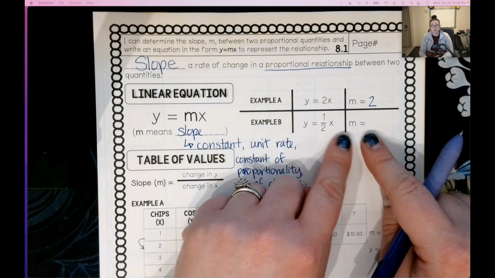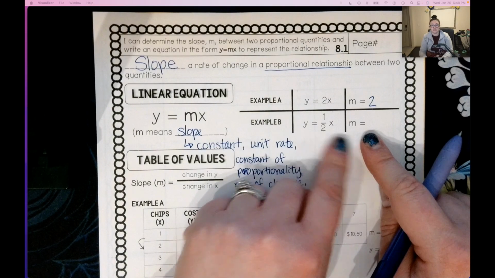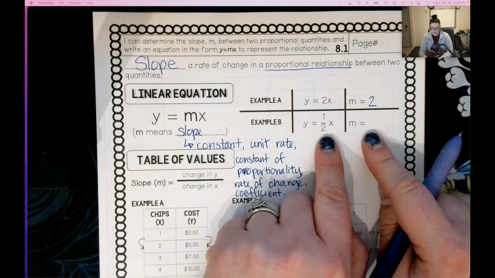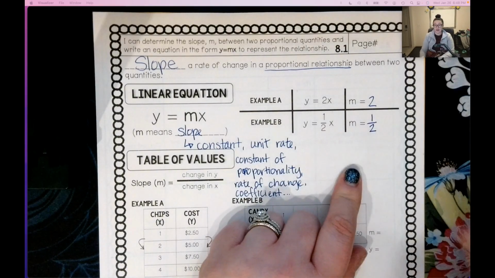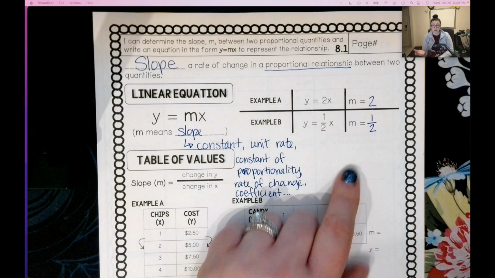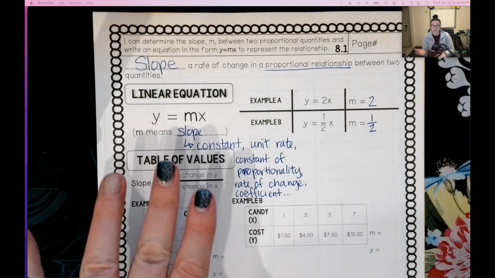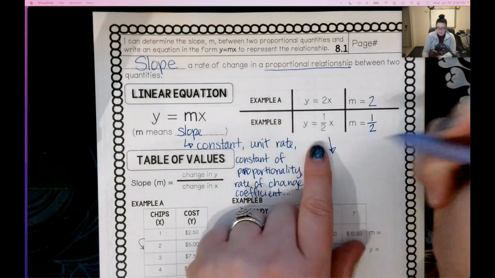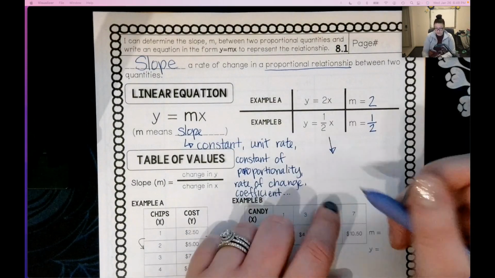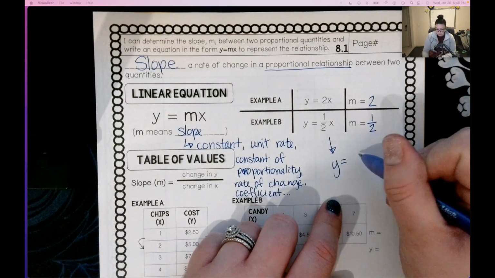Example B, what is your m? What is your slope? What is your constant here? Here my slope is 1/2. And this takes me into how these multiplicative relationships could also be dividing. If I take 1/2 times x, that is the same thing as y is equal to x divided by 2.